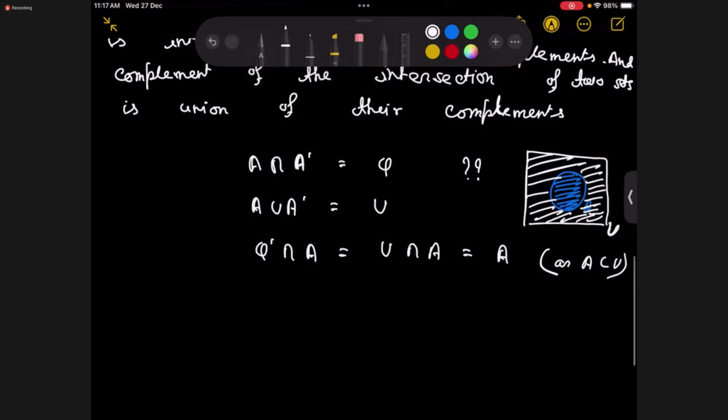Similarly, what about U complement intersection A? What is U complement? U complement is phi, because U contains all the elements. So what about the complement of that set? The set which contains no element. And if we take the intersection with the other set A, then it must be phi, since phi is a subset of A. Okay.